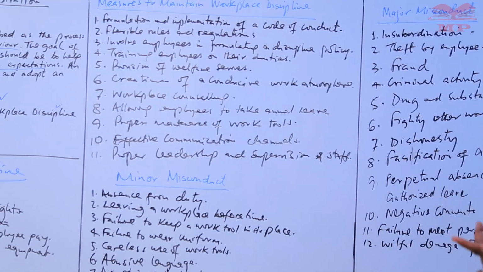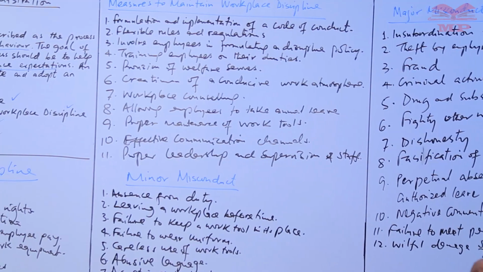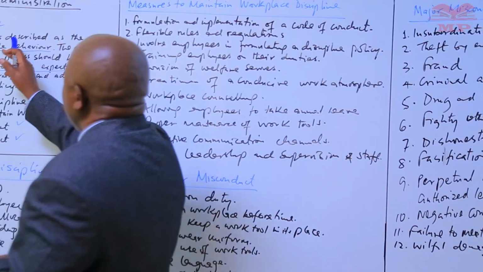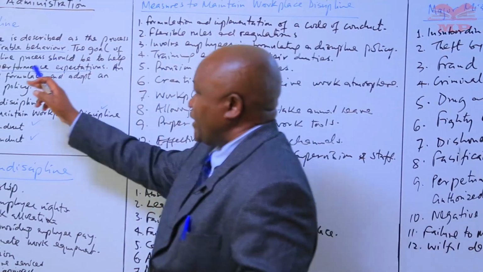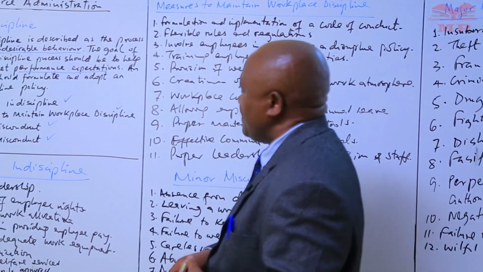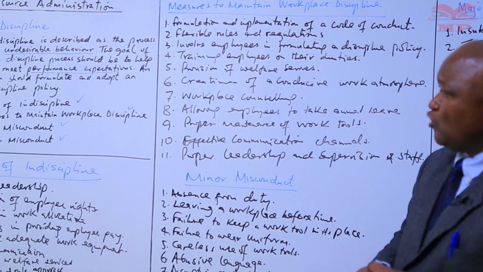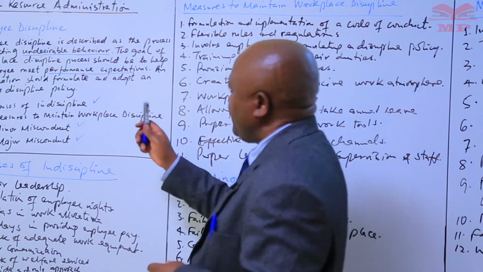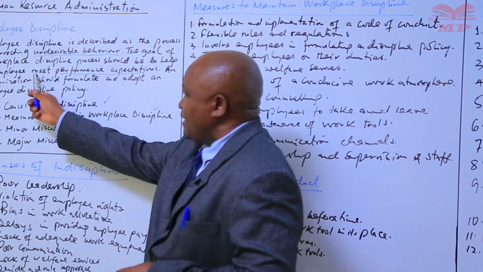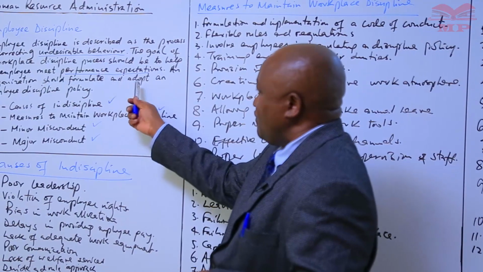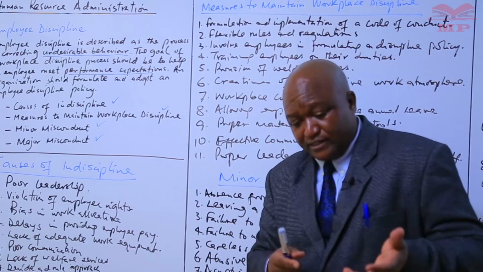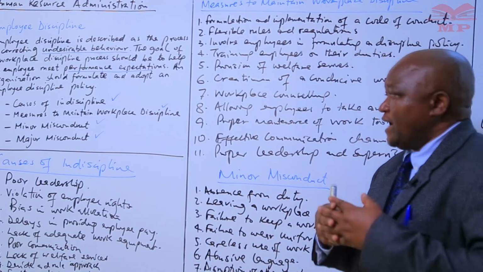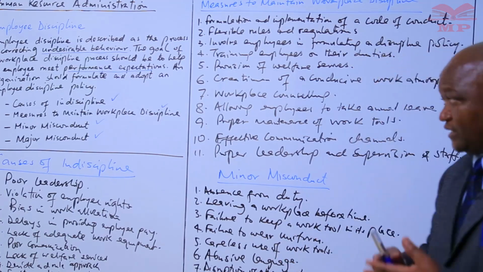So today we have looked at, in our lesson, employee discipline, where we have said that employee discipline is described as the process of correcting undesirable behavior, and the goal of discipline in a workplace should be to help an employee meet performance expectations, and an organization should be able to formulate and adopt an employee discipline policy for consistency.